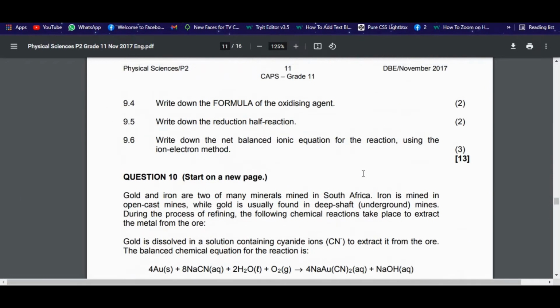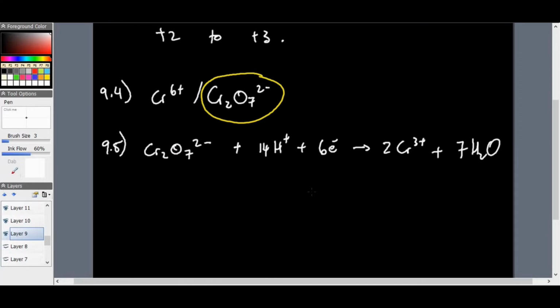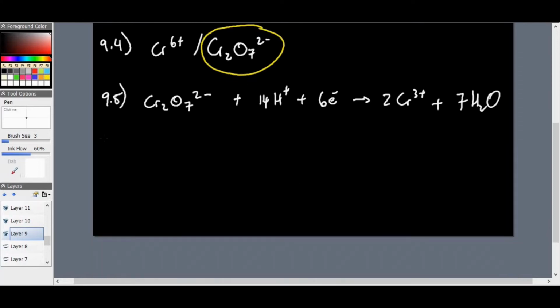Okay. And question 9.6, which is our final answer, write down the balanced ionic equation for it. Okay. So 9.6, I'll write quite close up here. So we obviously know the oxidized was Fe2 plus, so that's Fe2 plus becomes Fe3 plus plus 1 electron.